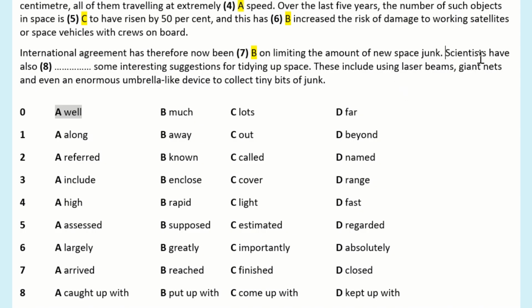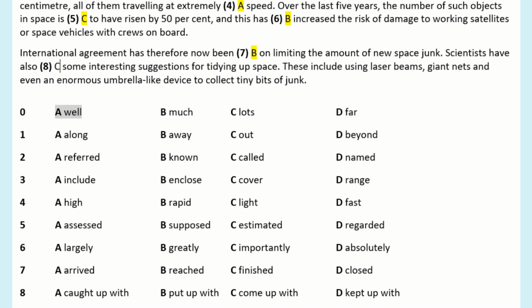And then the last gap, scientists have also, and the answer is, come up with some interesting suggestions for tidying up space. And again, you need to know or be able to guess that of those 4 phrasal verbs, come up with is the correct one, which means you can come up with an idea or a suggestion. Basically, to think of something, that's come up with.